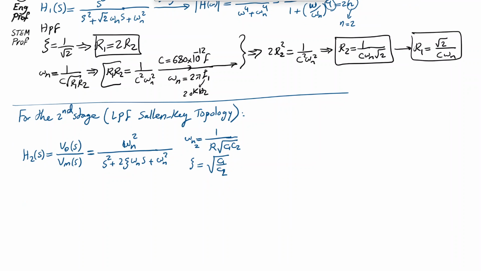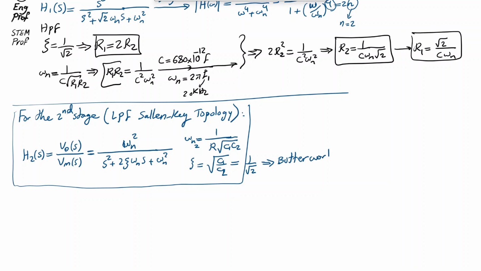So now it's the same idea. This is for the second stage, and same idea, meaning that setting again zeta to 1 over root 2 to have a flat response in the passband, we end up with a Butterworth Sallen-Key low-pass filter, LPF. Substituting s with j omega, then the magnitude squared of H2 will look exactly as we expect from a Butterworth filter.